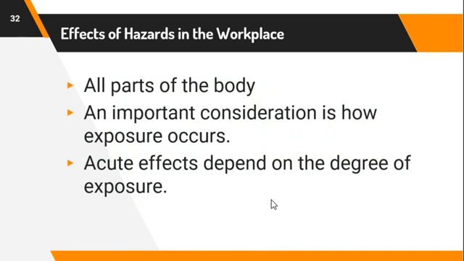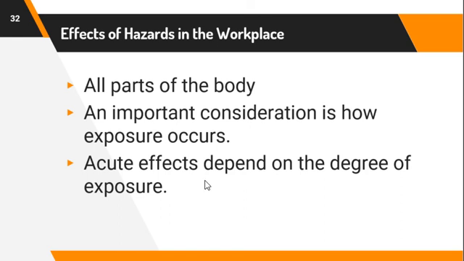So the effects of hazards in the workplace, of course, even if we will not be discussing or researching this, it's known already that there could be effects of hazards in the workplace, on all parts of the body, perhaps, or maybe just parts of the body. An important consideration is how exposure occurs. Also, how exposed is a certain individual to a certain chemical.